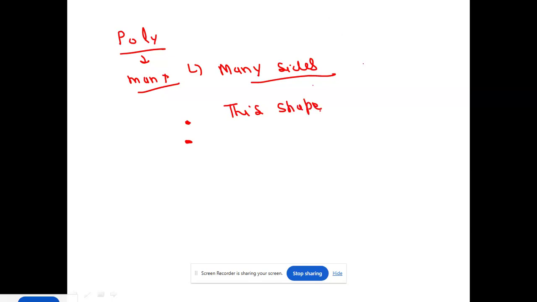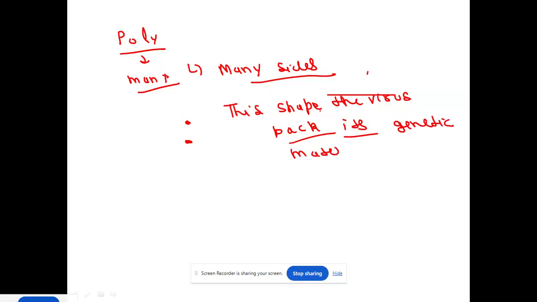This shape helps the virus pack its genetic material tightly inside.